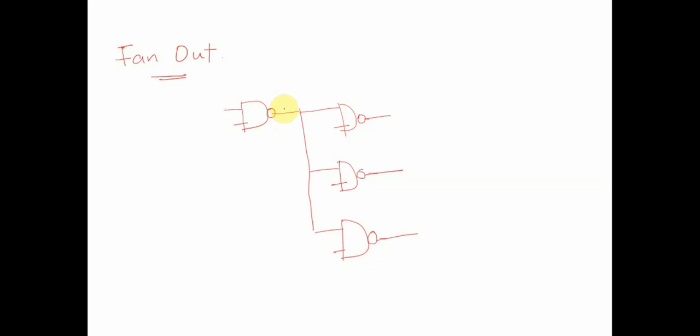Let's assume there's an IOH coming out of here, and then basically this has IIH level, this has IIH level, this has IIH level.